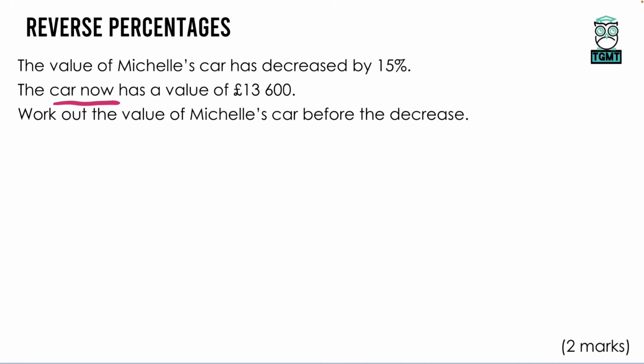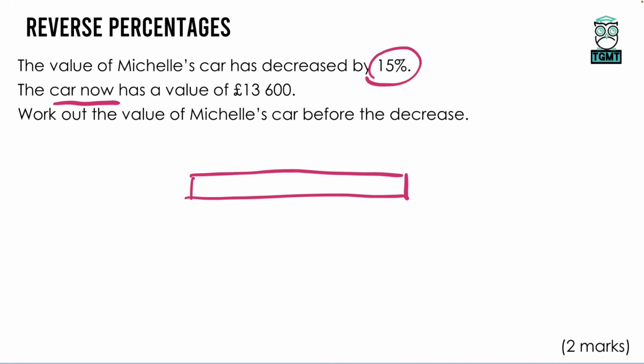So when we're looking at a reverse percentage, there are lots of different ways that you can do this, but a nice visual way of thinking about it is a bar model. If this is the 100% original cost of the car and it's decreased by 15%, 15% has been taken off. Now out of that original 100%, that leaves us with 85%.